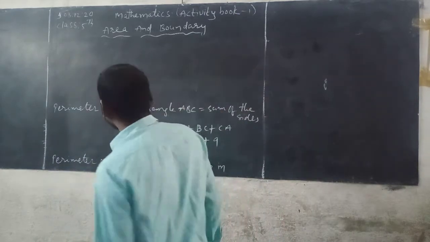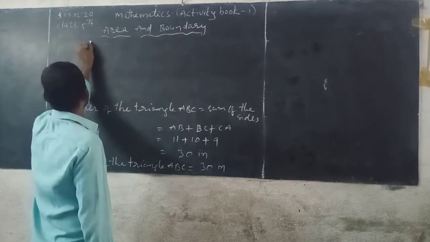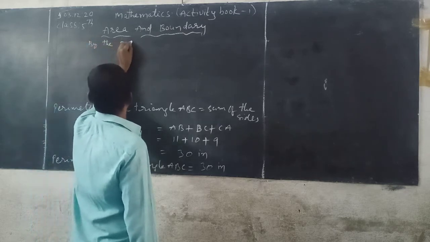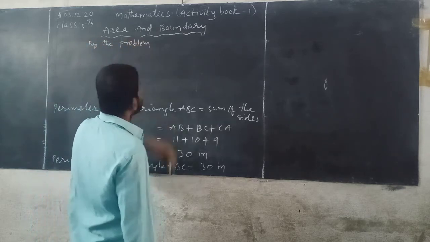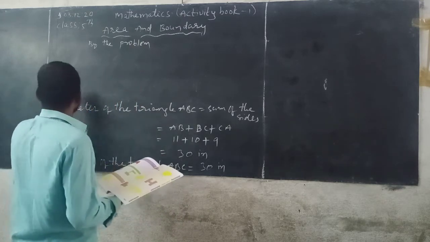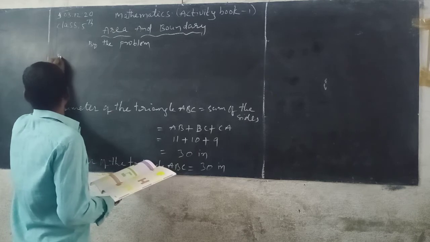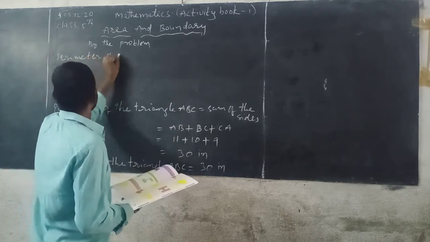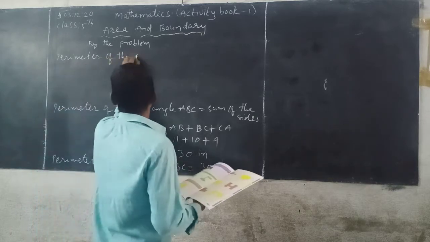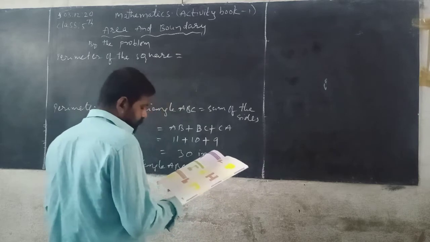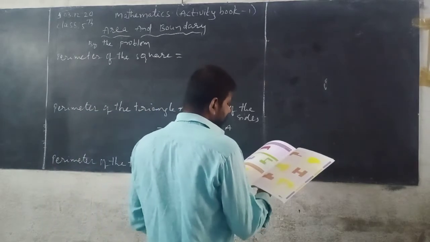See here, by the problem, perimeter of the square is equal to twice the perimeter of the triangle.